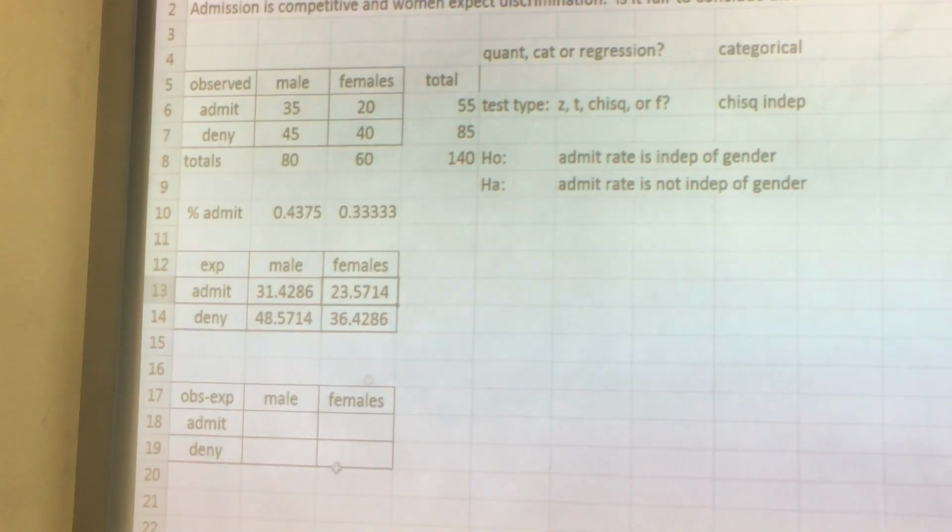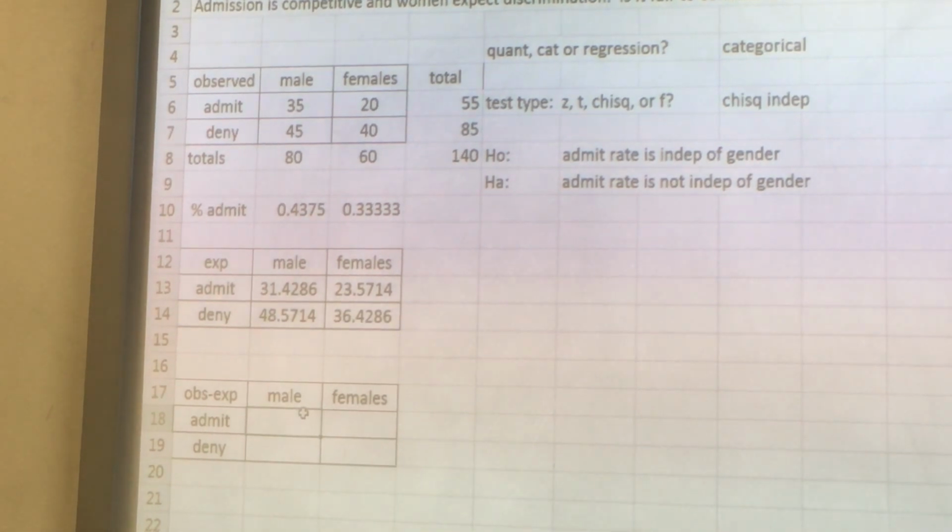All right, we're going to go back to our equation that we're already familiar with from last time.